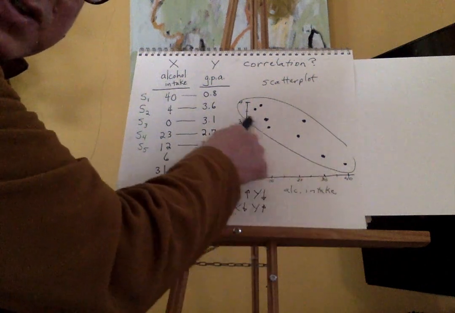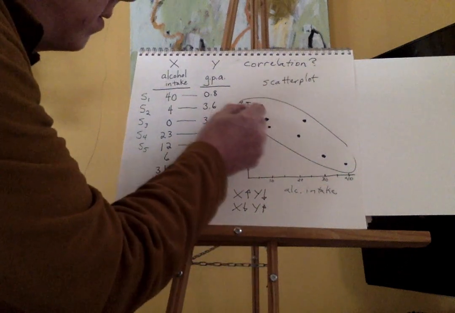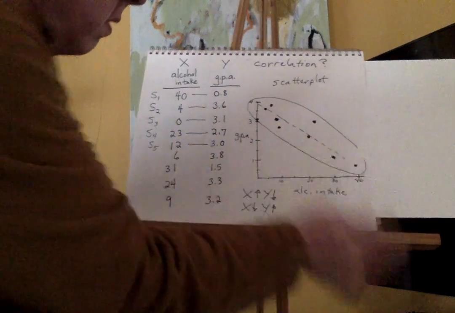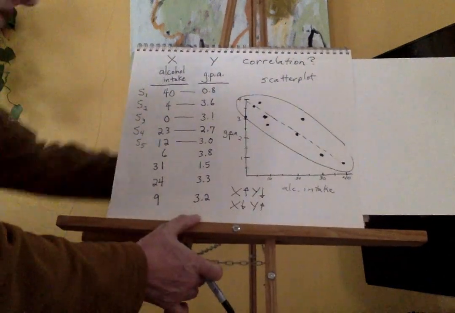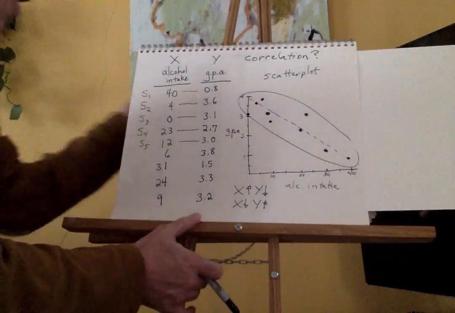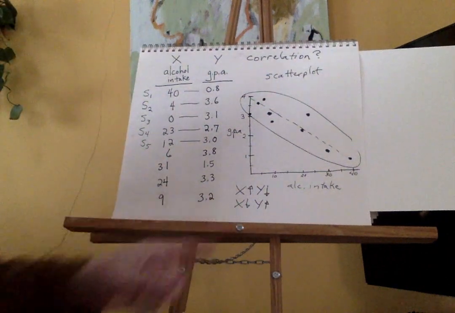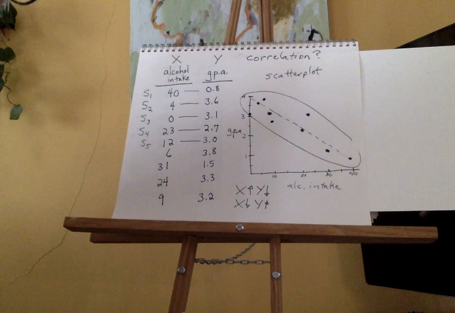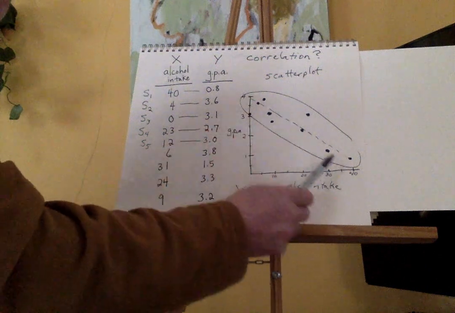If we were to try to do a best fit straight line here, we would see that it's a negative slope. And so this kind of relationship, this kind of correlation, is called a negative correlation. It's called a negative correlation because it has a negative slope, okay?